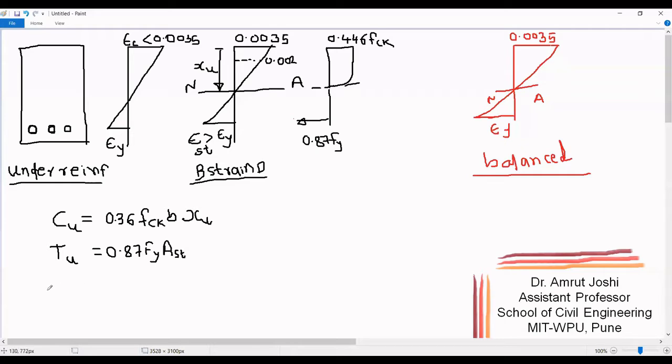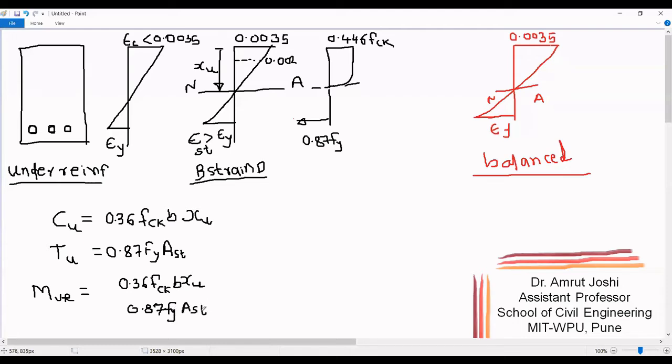And the expression for the moment of resistance of the under reinforced section, which will be denoted by only Mur and not by Murb because it is not a balanced section, will be given as either 0.36 fck b XU or 0.87 fy Ast, multiplied by the lever arm.